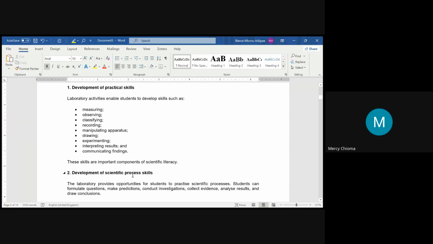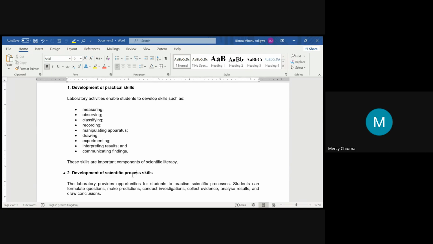If you say, for example, in chemistry, that acid turns blue litmus paper red, for better understanding, you will use the lab. Okay, so that they can see it, right? Yes, ma'am. Okay, that's good.